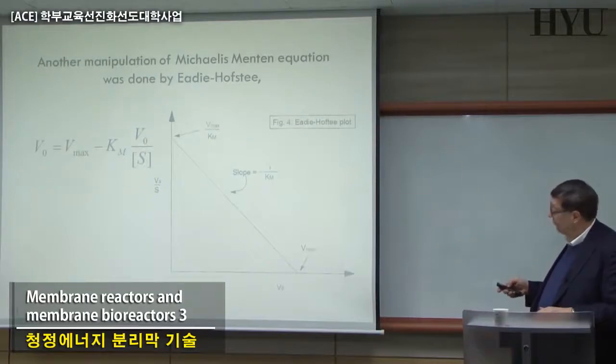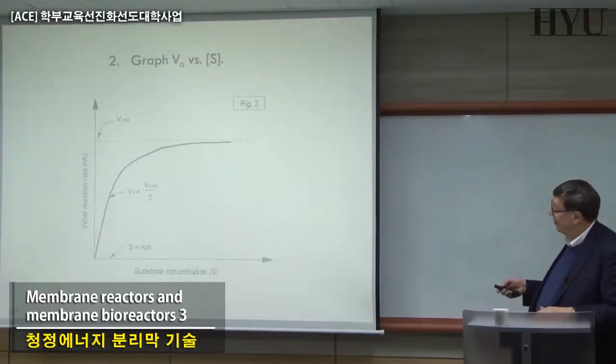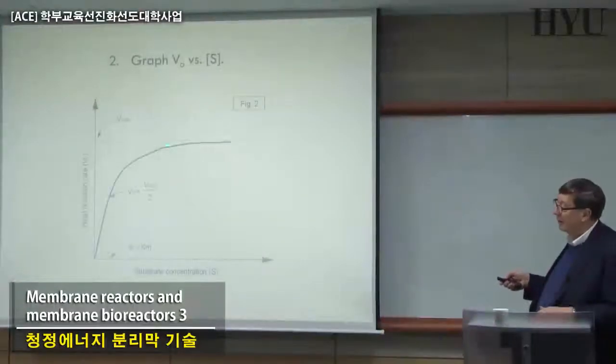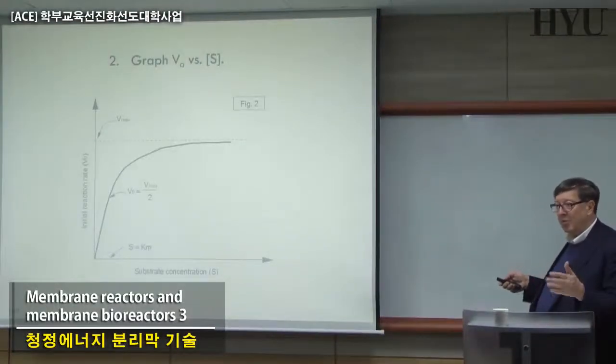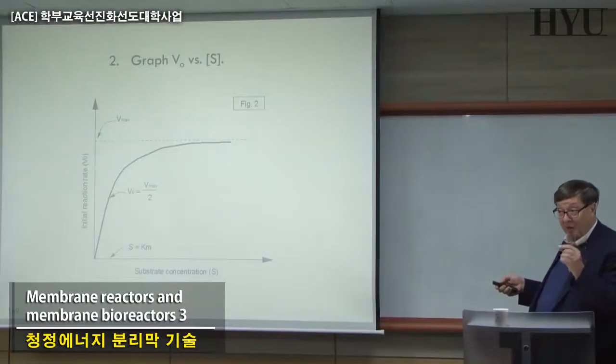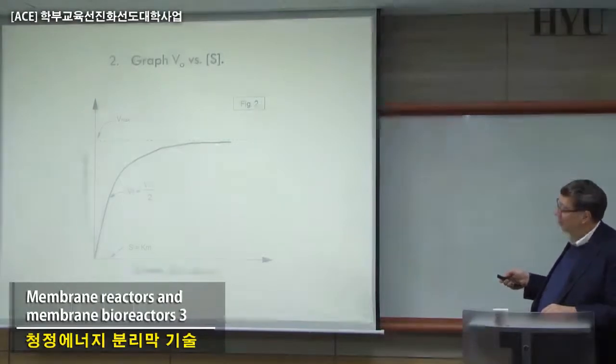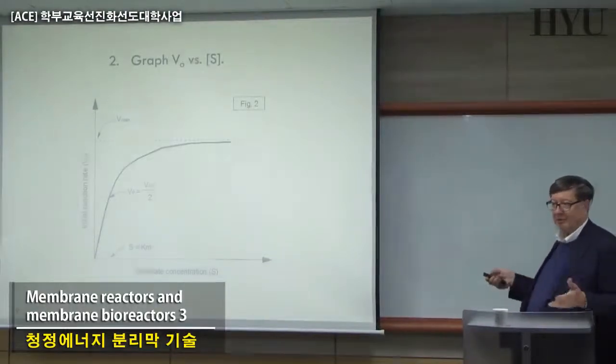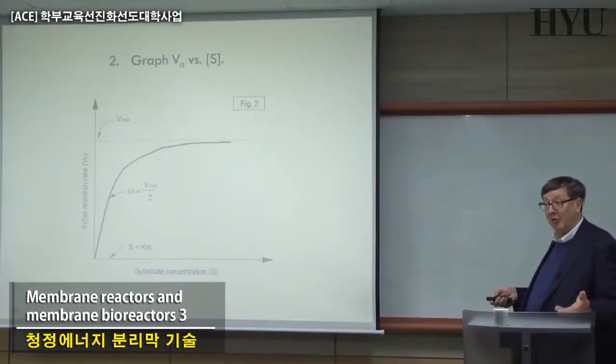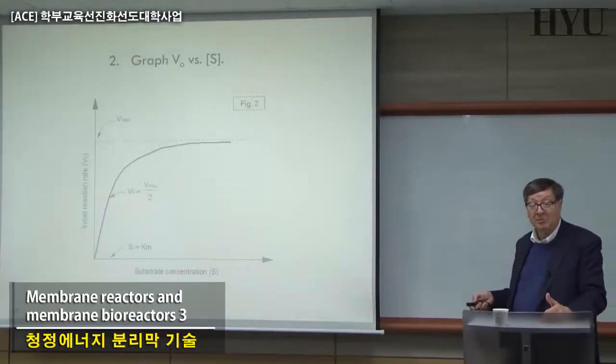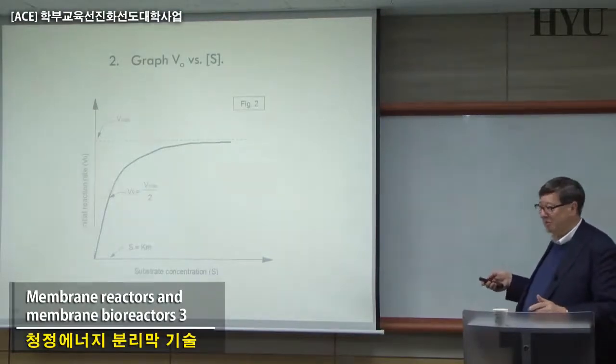You know, in the previous one, you have this behavior here. And normally to tell where exactly Vmax is, if you want to be very accurate, it is not difficult to make mistakes, because you have to extrapolate this, etc. If you are a very good experimentalist, it's okay. If you are not a very good experimentalist, you can make some mistakes.